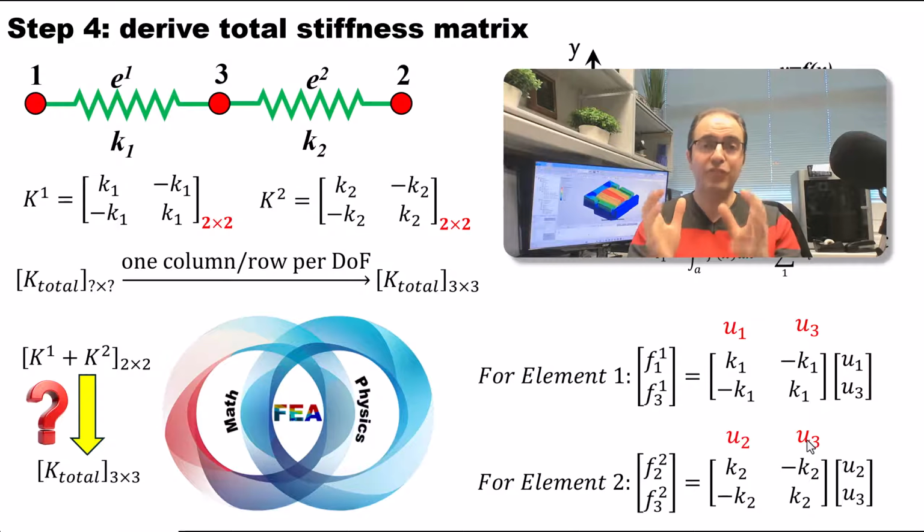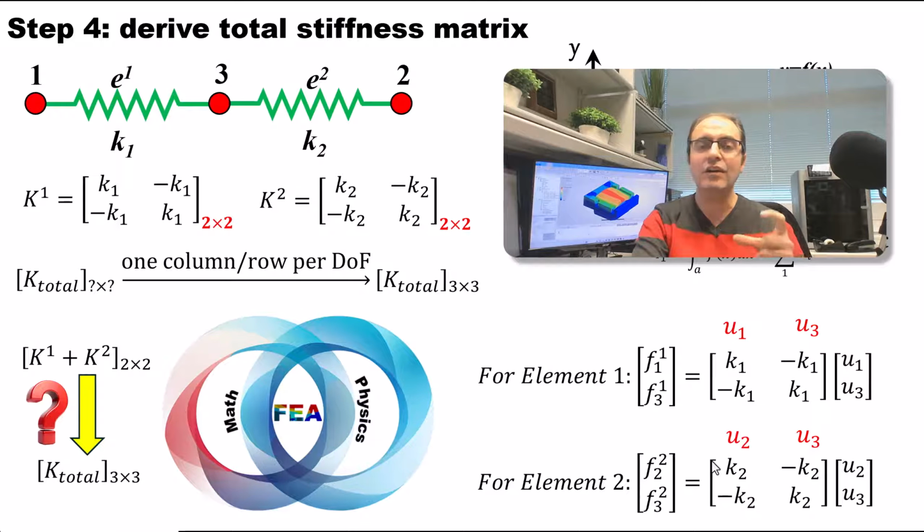This is where physics comes in to prevent us from doing something wrong. And this is what can go wrong. While mathematics allows you to add K1 and K2, because both of them are 2x2, physics doesn't allow you to do that, because K1 is associated with U1 and U3 and K2 is associated with U2 and U3.